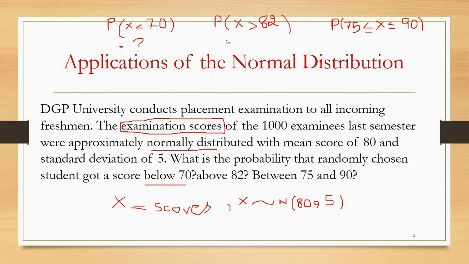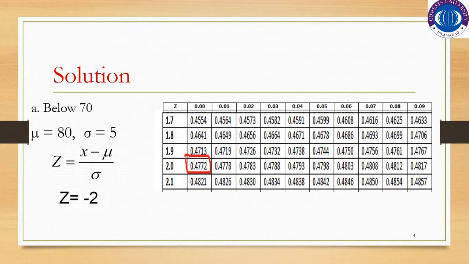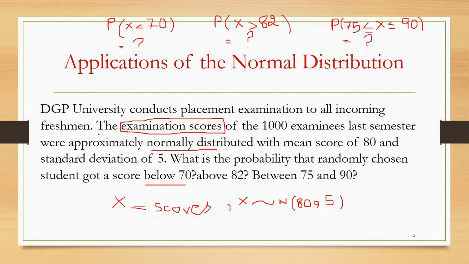As we have discussed in previous part, that for our convenience, we will convert this random variable x into standard normal distribution with mean 0 and standard deviation 1. So the first case, as you know, mean is 80 and sigma is 5 as it is written here.